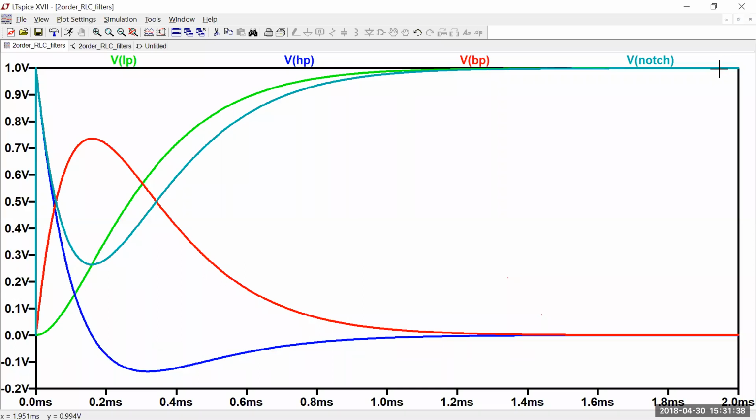So it's passing DC. Okay. But wait a second. Over here, it's instantaneously going to 1, just like the high pass filter. And rather than getting bigger in between, it's going down. Well, that's a notch. All right.